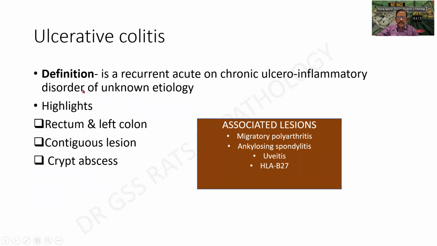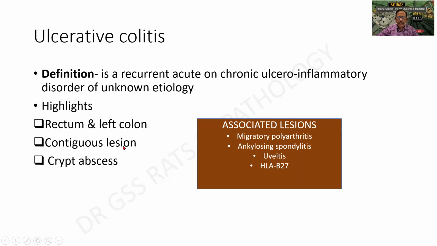Next is ulcerative colitis. It is a recurrent, acute on chronic ulcero-inflammatory disorder of unknown etiology. The highlights include the common sites are rectum and the left colon, but it can go up to the ileocecal junction. It is a contiguous lesion.